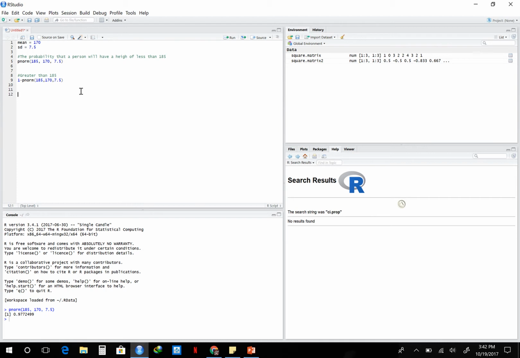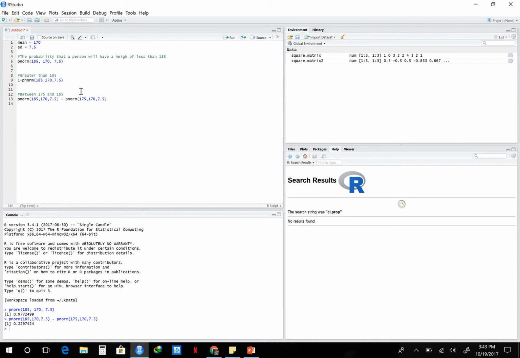To do that, we're going to do p-norm, and then the greater value first, 185 with the mean of 170 and a standard deviation of 7.5, minus p-norm of 175, mean of 170, and standard deviation of 7.5. So that will give us the probability that it will be between those two values.